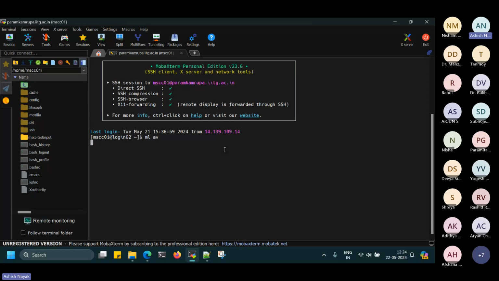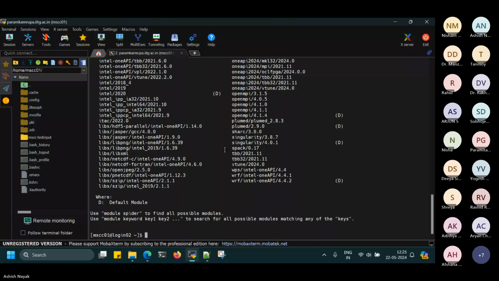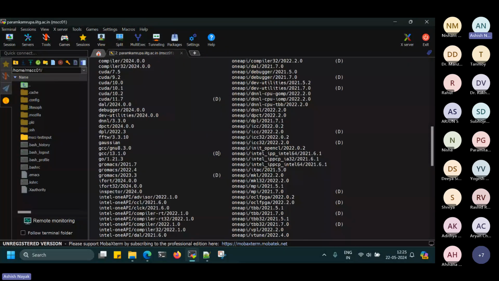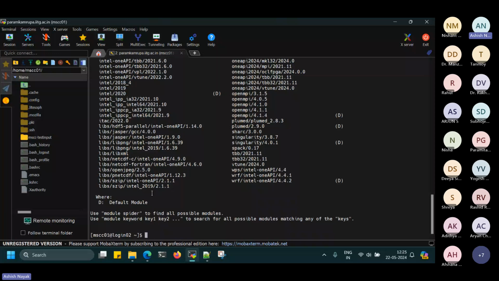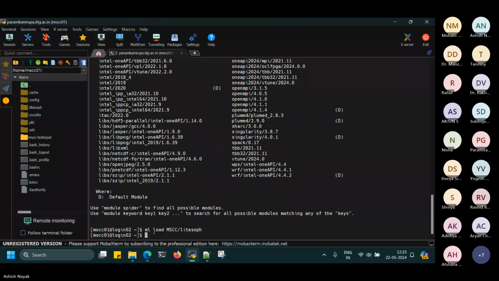It will take some time to open the modules. You can also see our GUI here, MSCC LITESOPH. You can load it in, and then you can open the GUI.